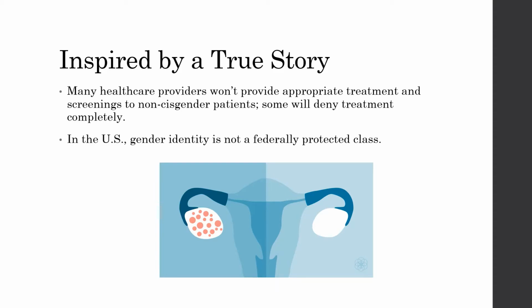And it got to the point where they actually had to seek emergency care to get their problem taken care of. And of course, at that point, the problem had gotten so much worse. So no preventative care was being taken. And this person really experienced a lot of pain and suffering as a result of being discriminated against for being transgender.